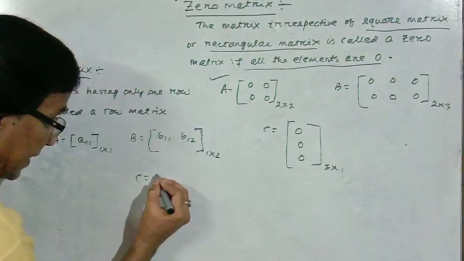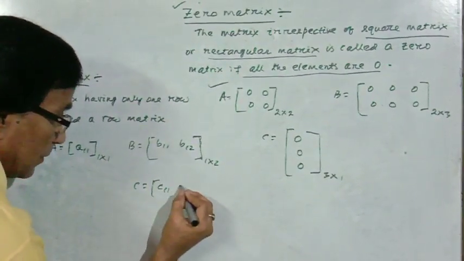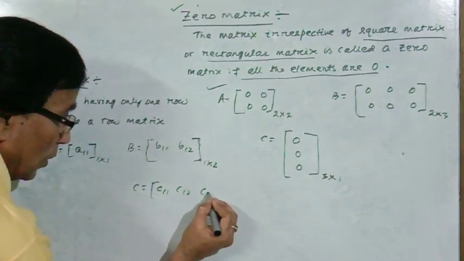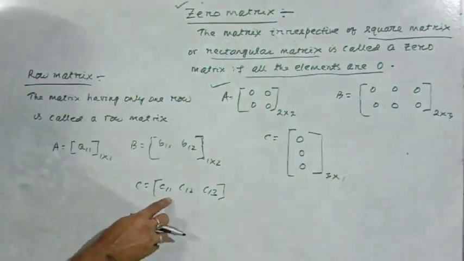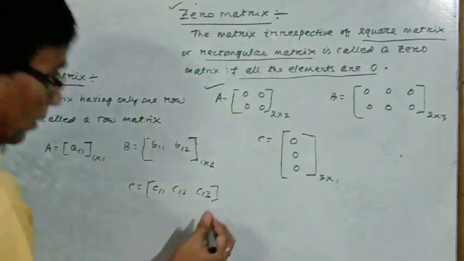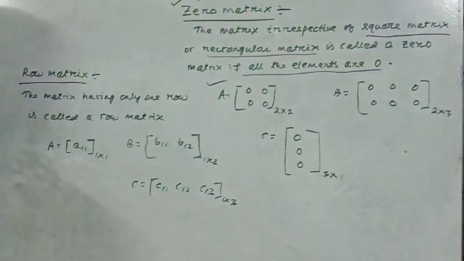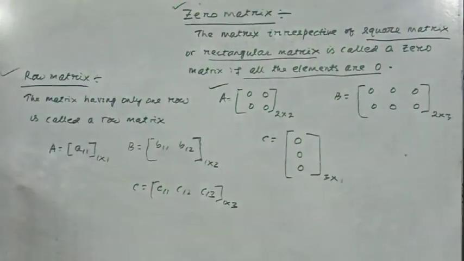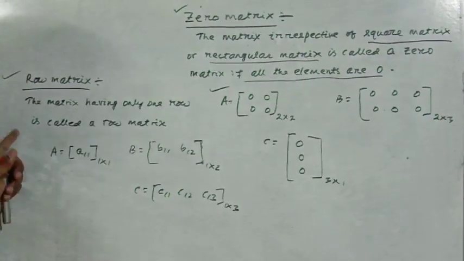Similarly, if I take C as C11, C12, C13, it is also a row matrix because it contains only 1 row and 3 columns, so it is a matrix of order 1 cross 3. So the definition of a row matrix is: the matrix having only 1 row is called a row matrix.